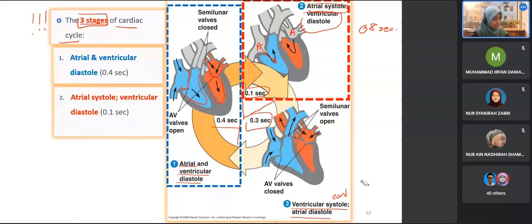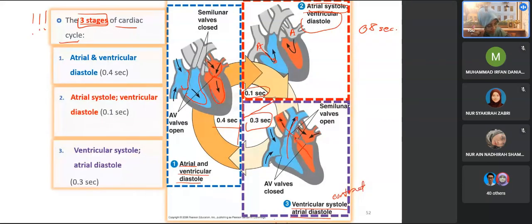Okay, so if you look at these three stages, you should know when these four chambers contract and relax, and you should know when all these valves are open or closed. Kalau kita tengok phase yang pertama, because all of the heart chambers are relaxed, you will observe that both of the AV valves will open.